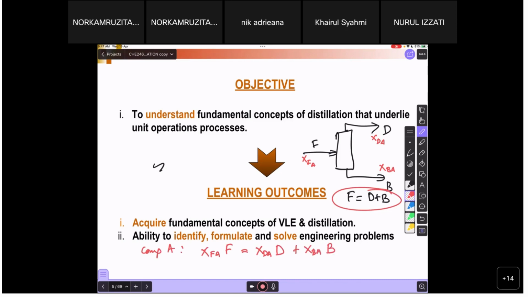For distillation, this is the material balance that you have to deal with.